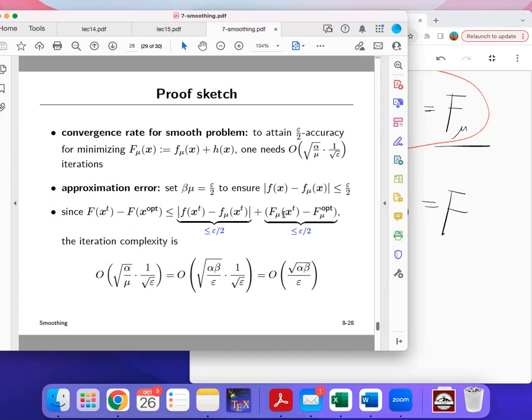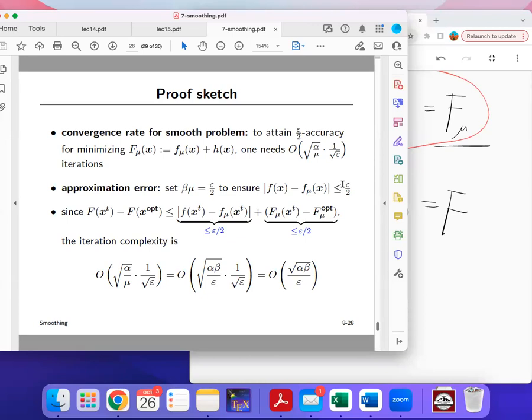So in order to get an epsilon accurate solution for the original problem, we need the first two bullet points. The first bullet point is to run accelerated gradient descent on this smooth problem, and we need to run this many iterations to get an epsilon over 2 accurate solution. And the second thing is to control these smoothing parameters, control this mu, so that the approximation error is small enough.